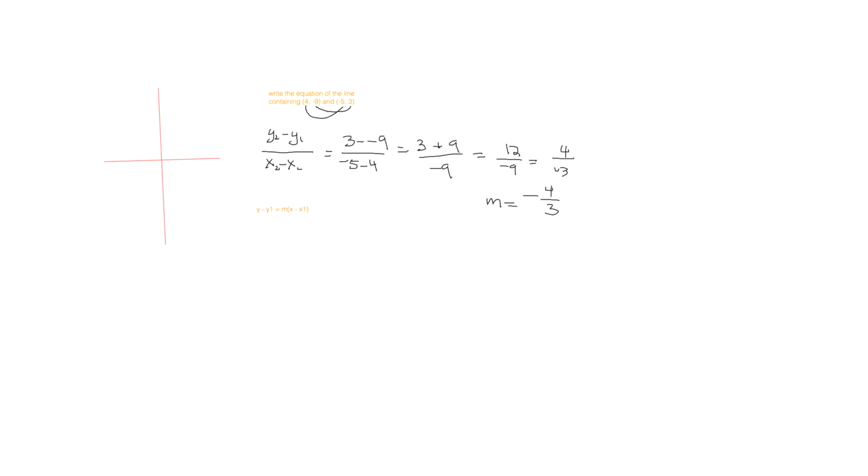Okay, so for my y, it stays the y, minus 3 equals, m is my slope. Well, this is ugly, huh? Sorry.